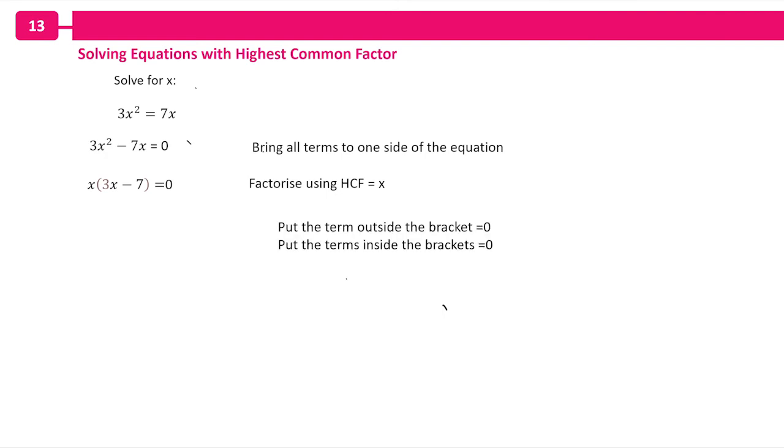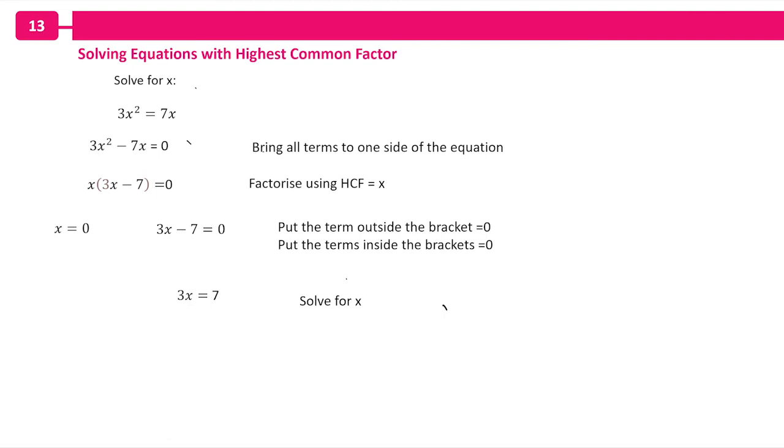We now put the terms outside the brackets equal to 0 and put the terms inside the brackets equal to 0. This leaves us with x is equal to 0 and 3x minus 7 equals 0. From here, we solve for x.